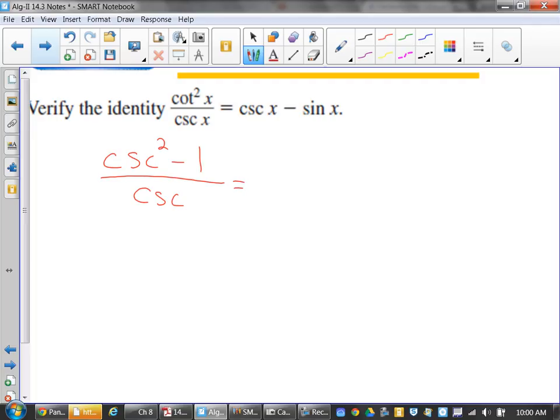Now, think about the rules of common denominators. You could rewrite this as two separate parts. Why is there a cosecant over the cosecant?